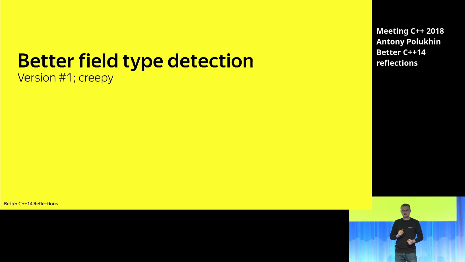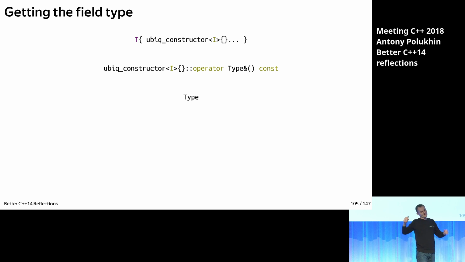Better field type detection. A slightly creepy one. Yes, the type detection before that was not so creepy. Now, we've got our aggregate initialization of user-provided structure T, and inside that the aggregate initialization and implicit conversion operator for UBIC is called, and inside that operator, we know the type.